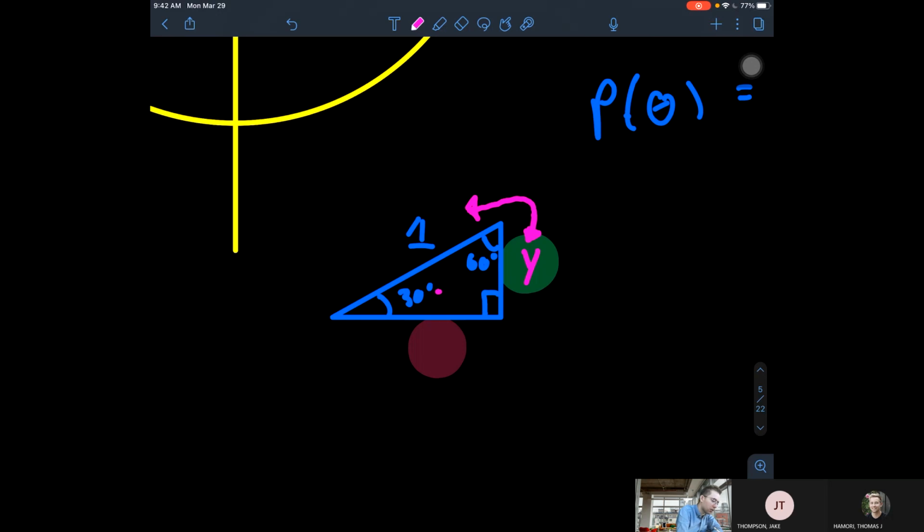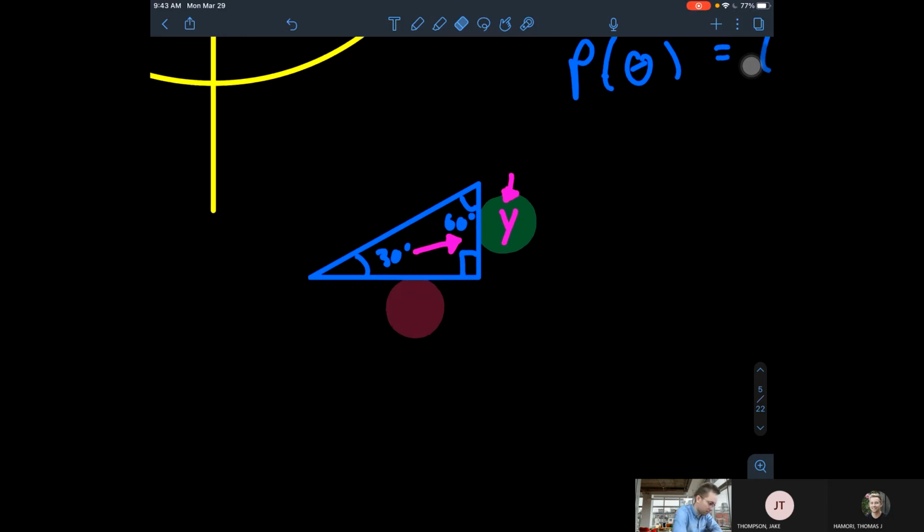If I know that the side length across from the 30 is y, and I didn't know what the side length on the hypotenuse was, do you know how I would get the side length which is on the hypotenuse? Okay, that's fine. Not really sure.